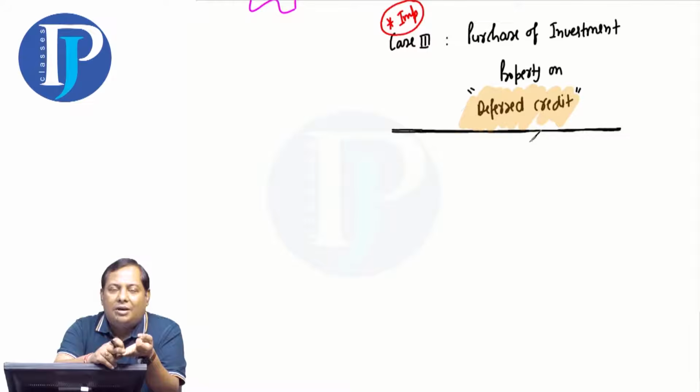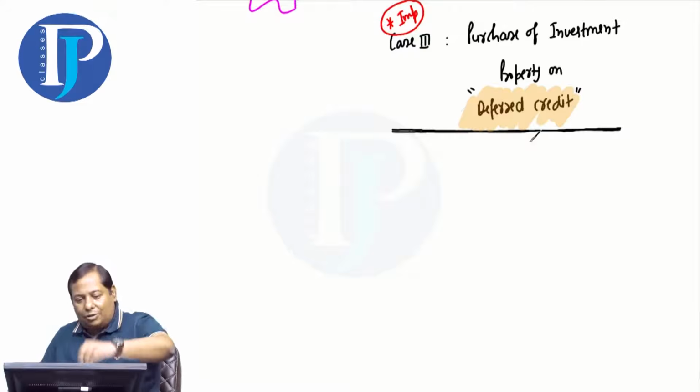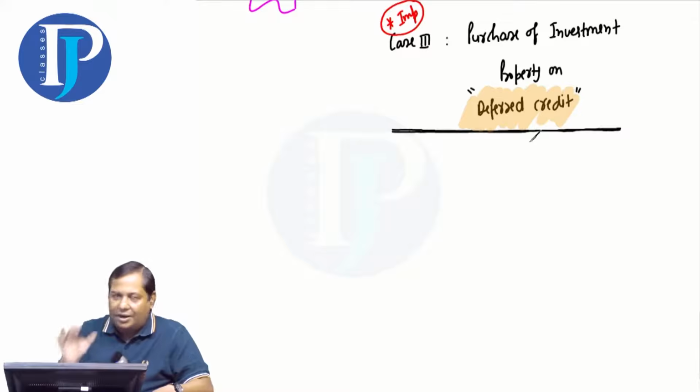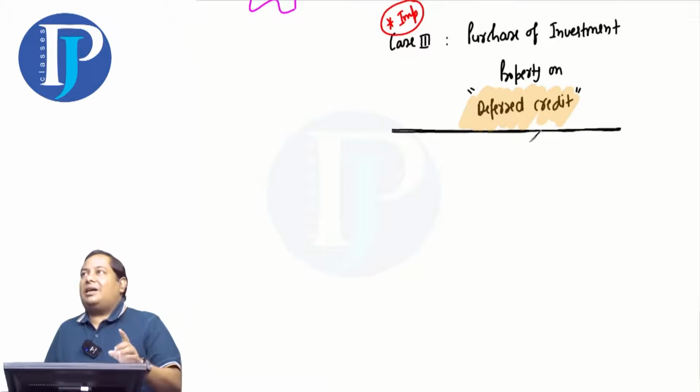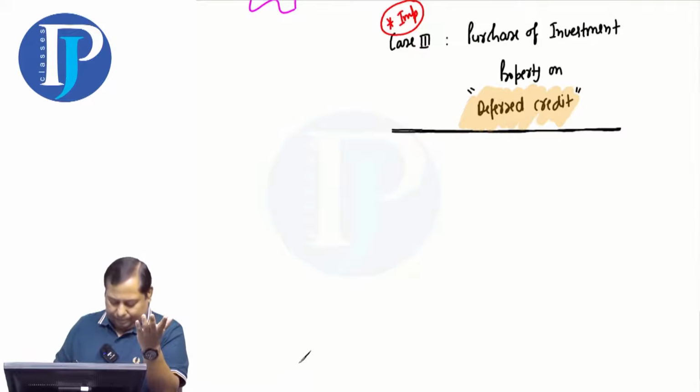If you purchased an inventory in Ind AS 2 on deferred credit, then whenever you purchase an asset on loan, concept will be same. It's in all Ind AS. And you know what this talks about? This talks about the time value of money. Your eyes are about to open. You will learn something new.